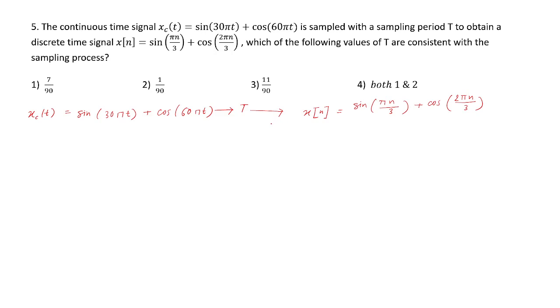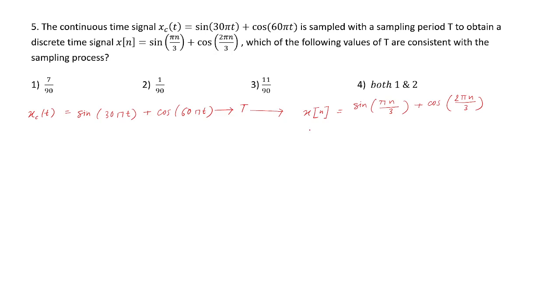So based on the previous solutions, can any of you tell me how to find the value of T? Any idea? Maybe just a first step. Whatever is coming to your mind, how we should proceed.